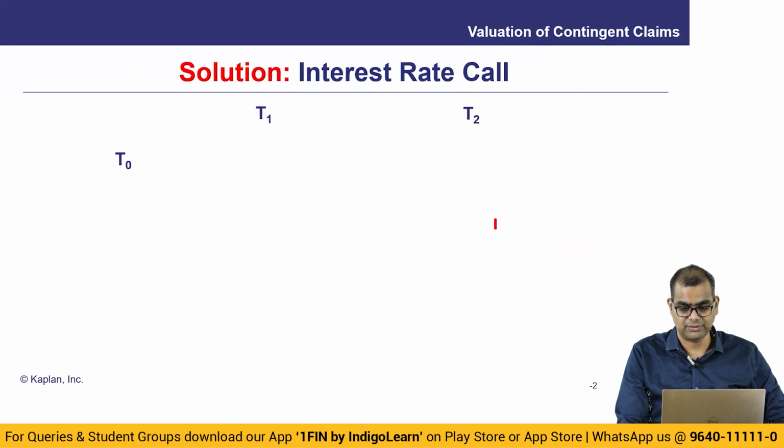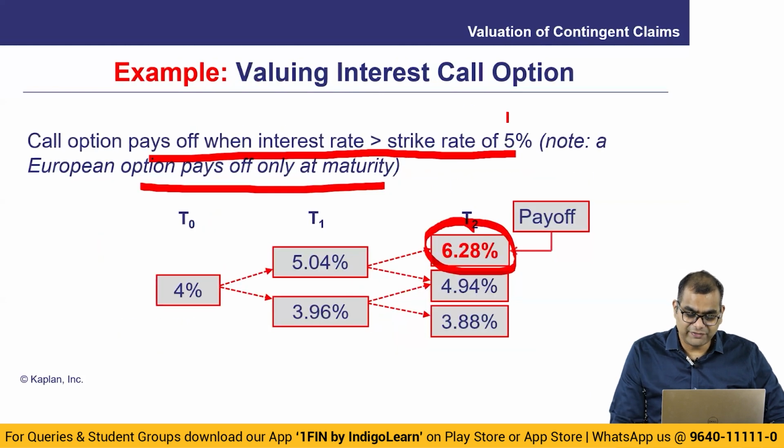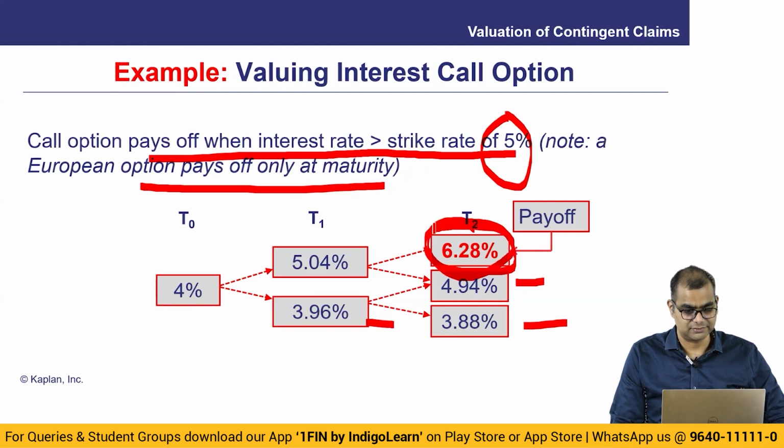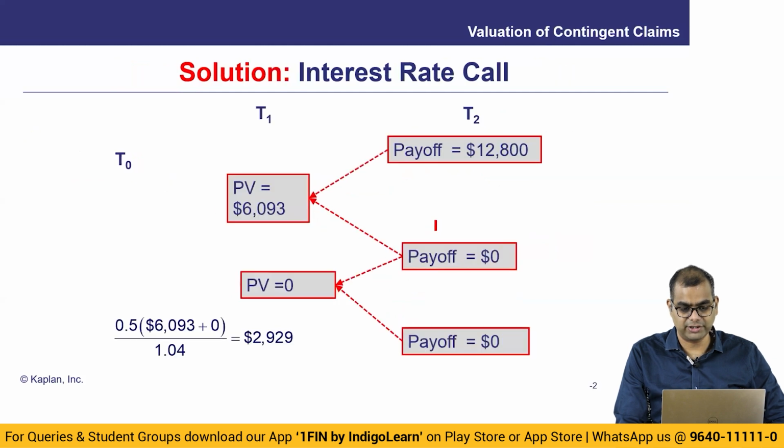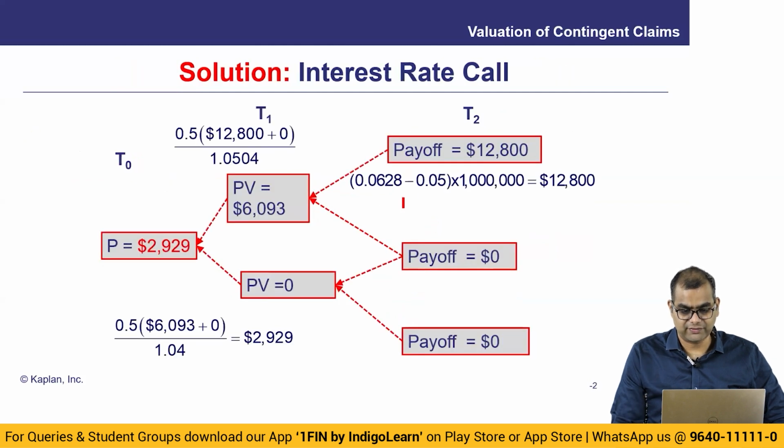Only if it is greater than 5, you have a payoff. So here you don't have a payoff, here you don't have a payoff, correct? Here also you don't have a payoff. Only here you have a payoff. So 6.28 minus 5 times 1 million for 1 full year, you get 12,800.